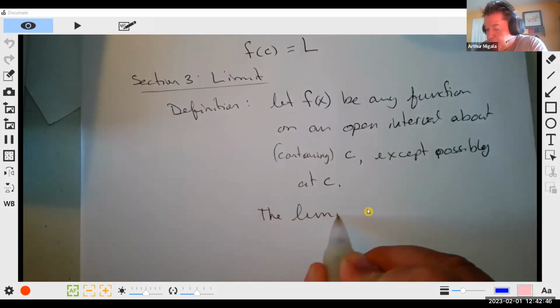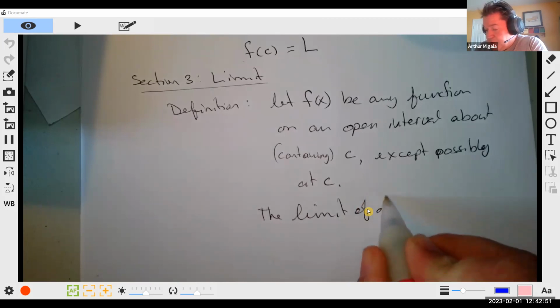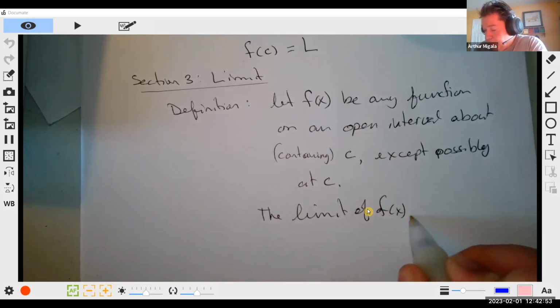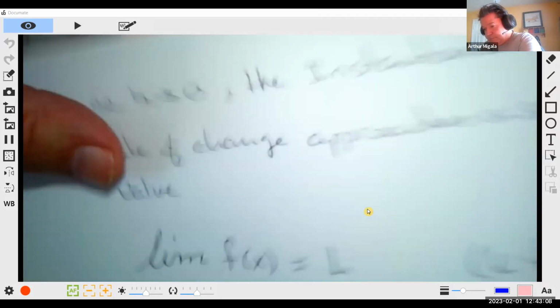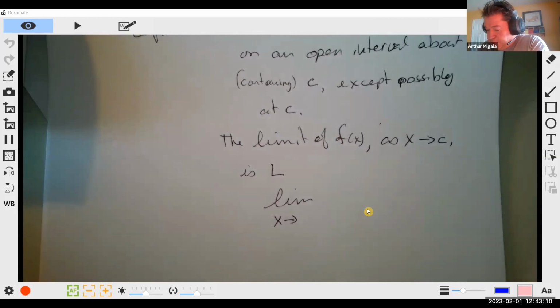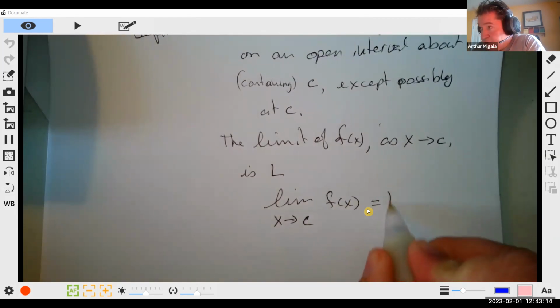The limit of our function as x approaches c is L. As x approaches c of f of x, that approaches some value L.